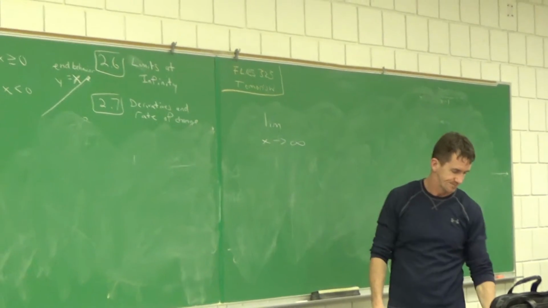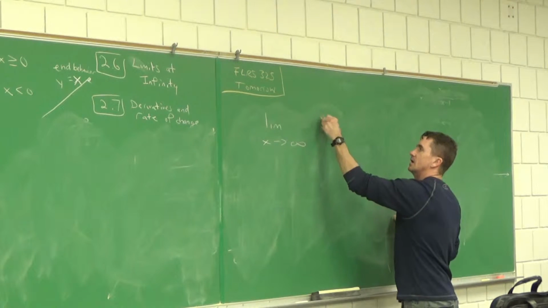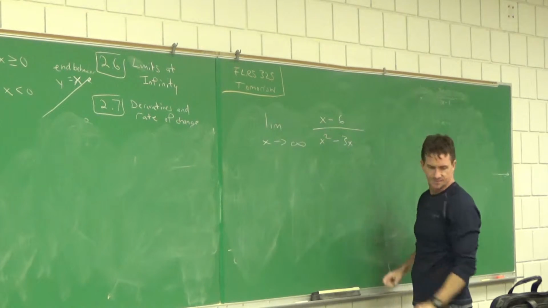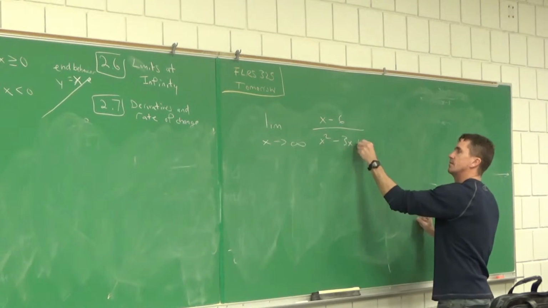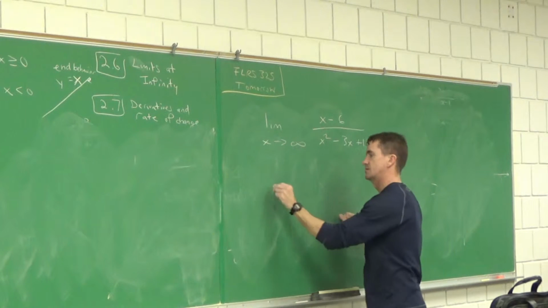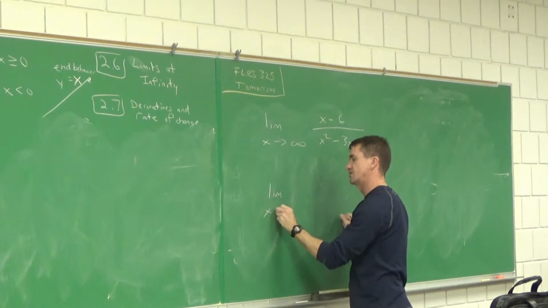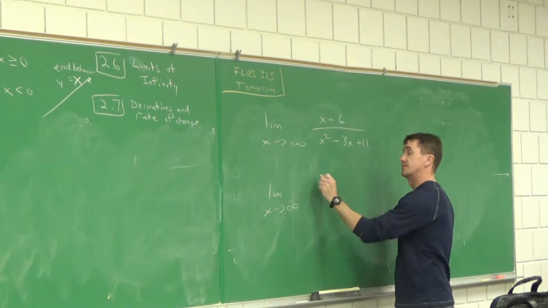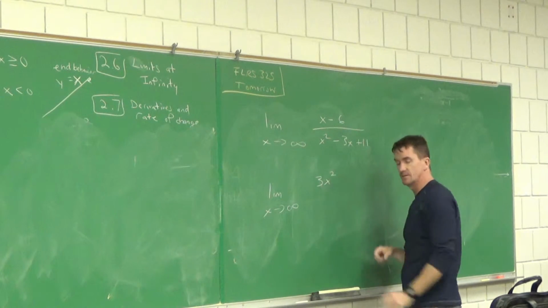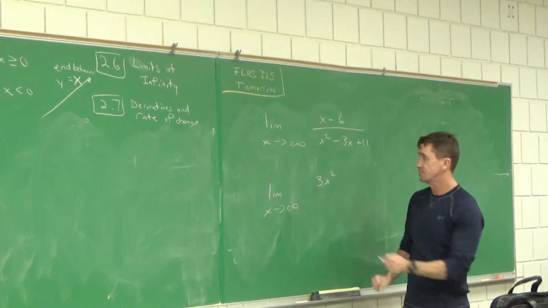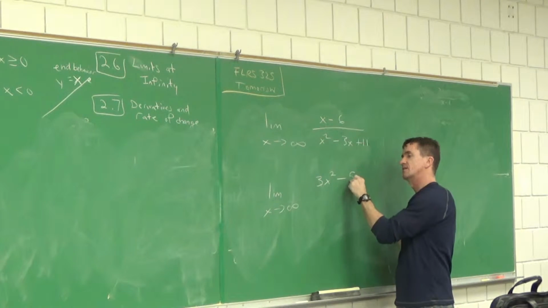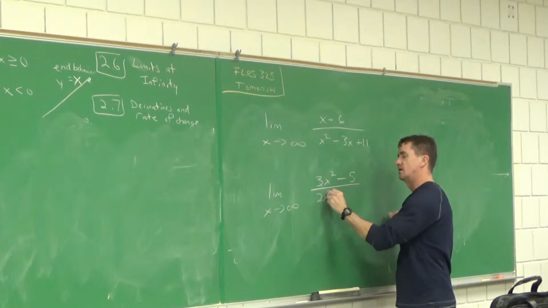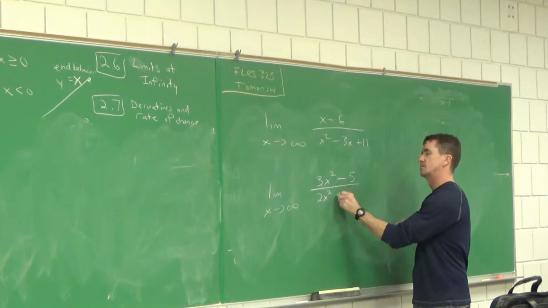Try to find this one: the limit as x approaches infinity of 3x squared minus 5 over 2x squared plus 1.